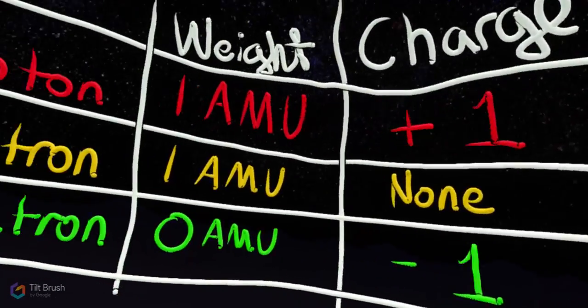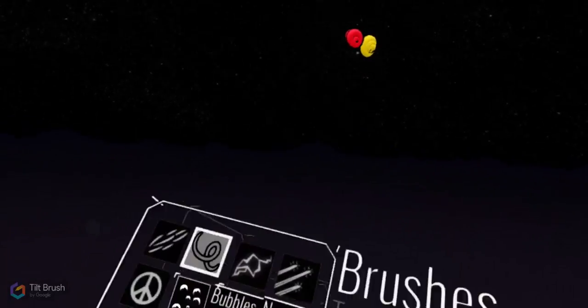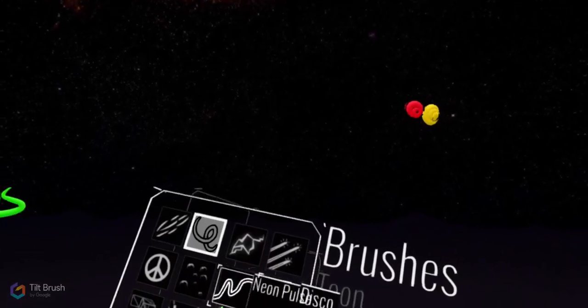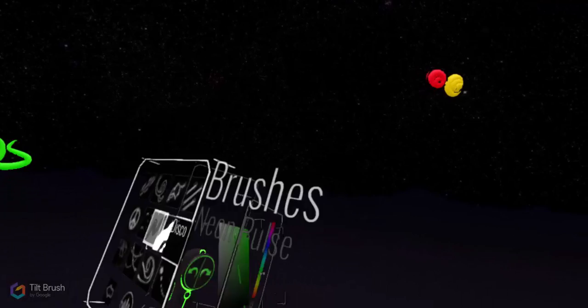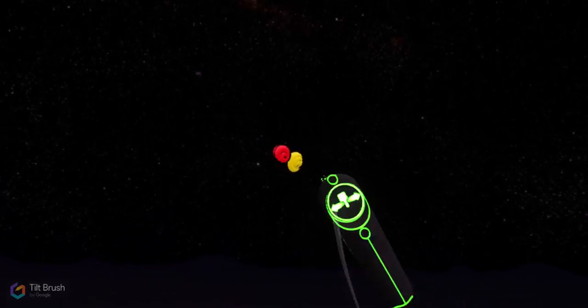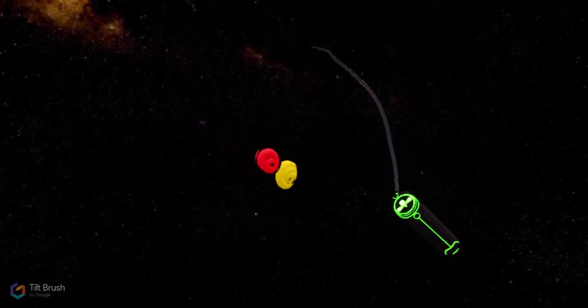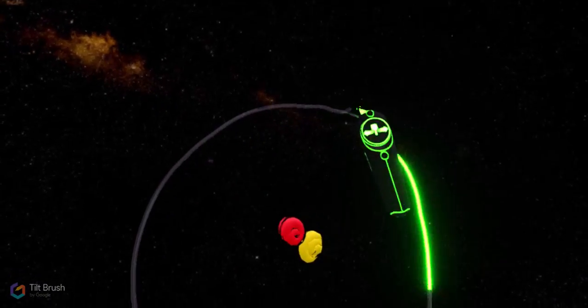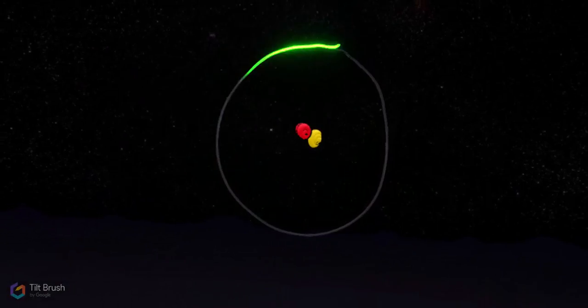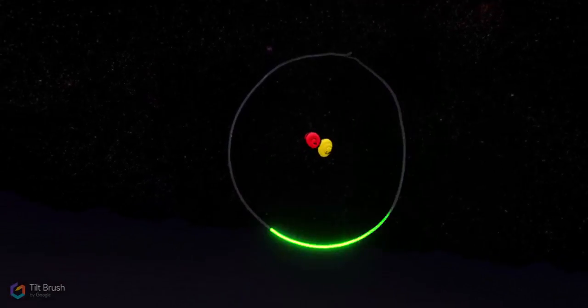All right, so let's draw an electron on our atom over here and make it complete, because what I have just given you is all of the parts of an atom. So if I just draw an electron orbiting around this thing, here we have an entire atom.